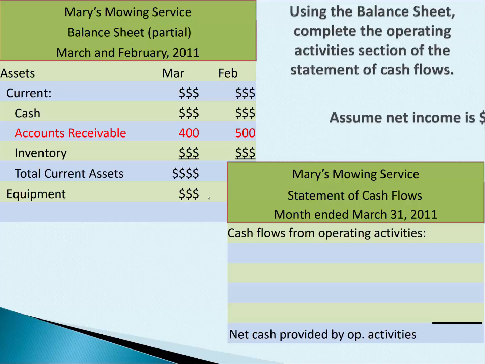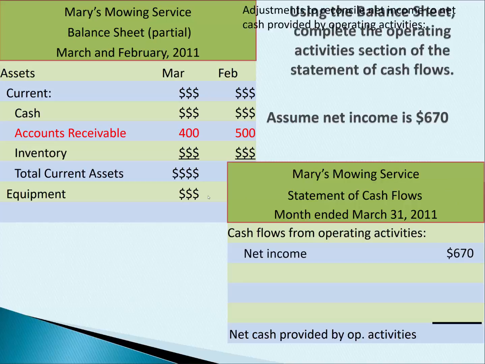So we've now added the operating section of the statement of cash flows to the right side of the screen. So we're going to create that section, and we're going to assume net income is $670. The operating activity section begins with net income because it's going to approximately be pretty close to the net cash provided by operating activities.